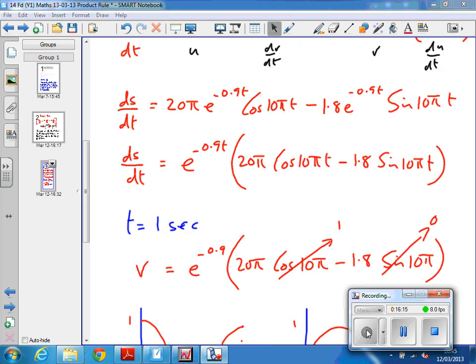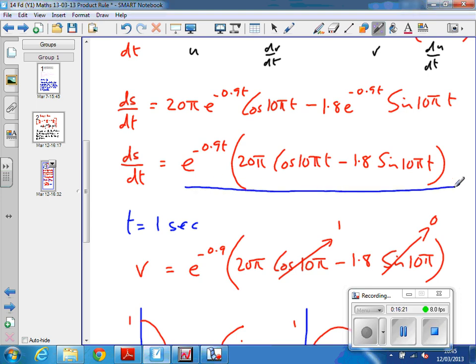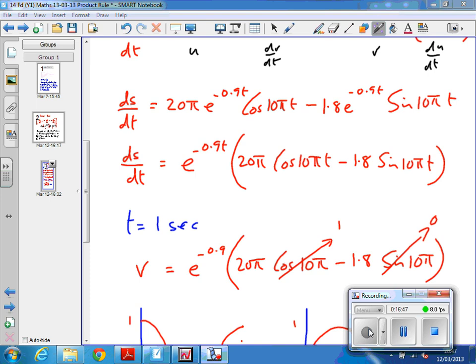If at this point I decided I was going to work out the velocity by just plugging this in, and I wasn't going to try and use the fact that I knew the cos of 10 pi was 1 and so on, it'd be fine. You plug this into the calculator and you'll get the answer. What's the thing you've got to be careful of? What might mean you get the wrong answer? If you don't make sure the calculator's in radians, you will get a wrong answer.